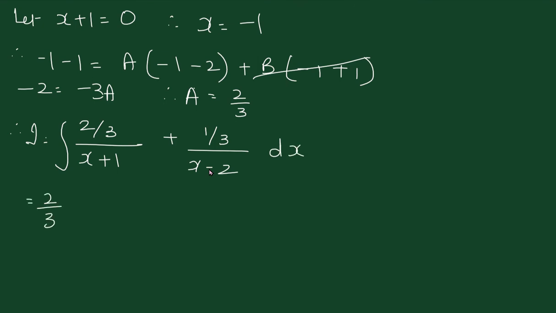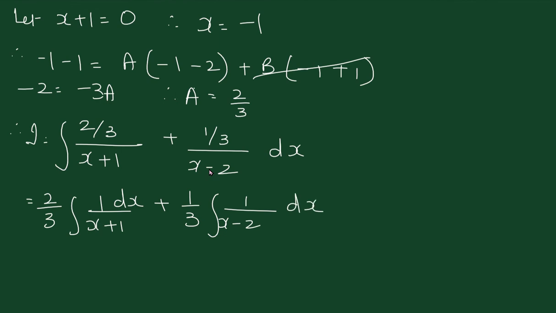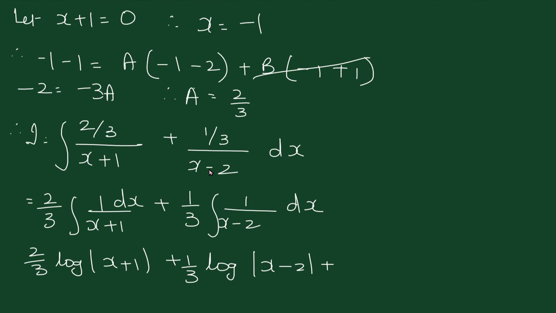So it becomes this way as usual. And the solution for this is 2 upon 3 log mod of x plus 1 plus 1 upon 3 log mod of x minus 2 plus c.